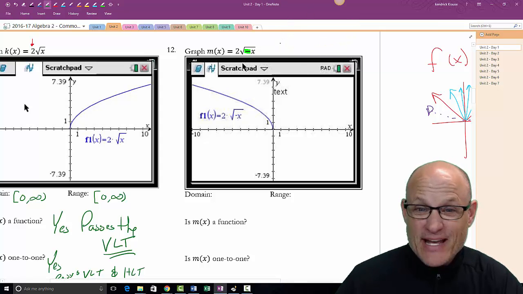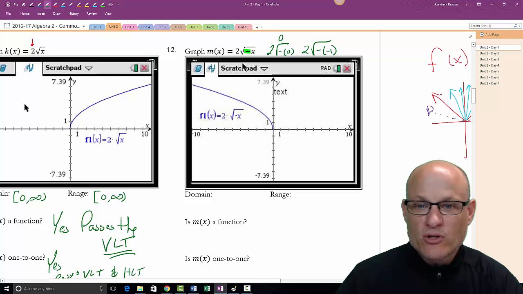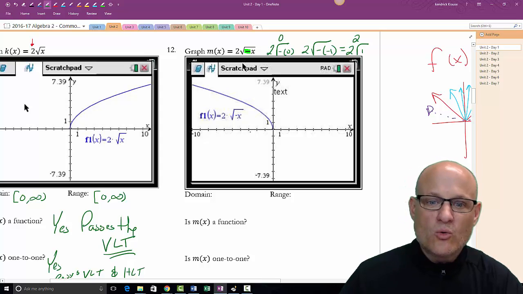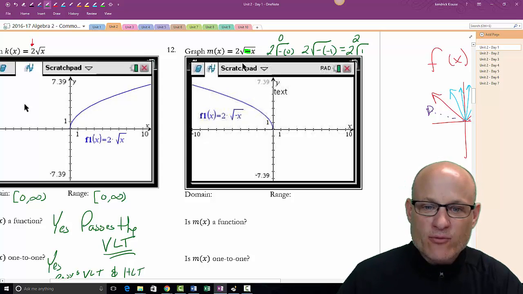But I can put in negative values. Oh, I can put in 0. 2 times the square root of negative 0. That's still 0. But what about 2 square roots of negative, and now I'm going to sub in negative 1. Well, negative makes a positive. This is really 2 square roots of 1, which is just 2. Oh. So if I plug in negative 1, I get 1 out. Well, and I get 2 out in this case because I got a multiplier.